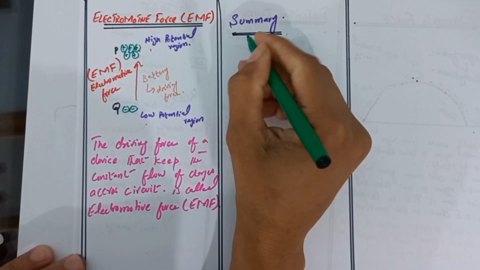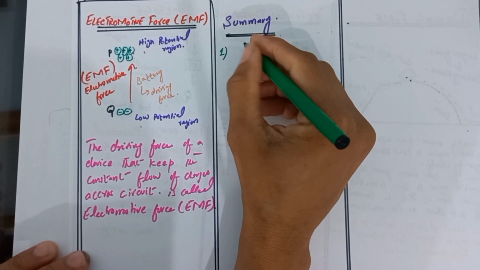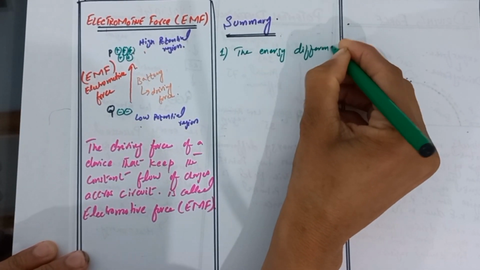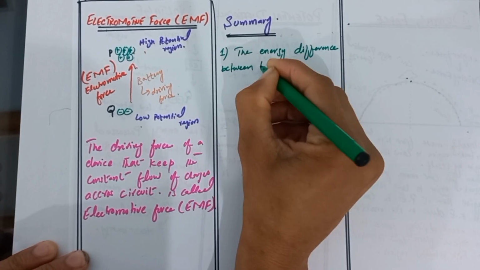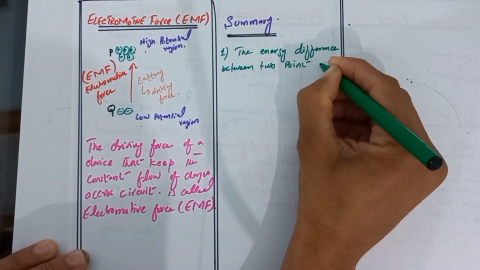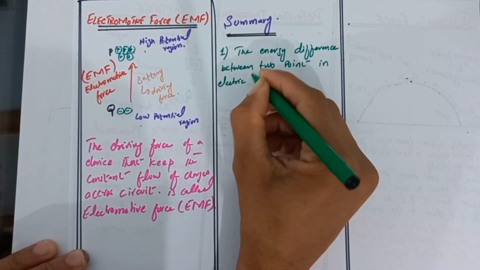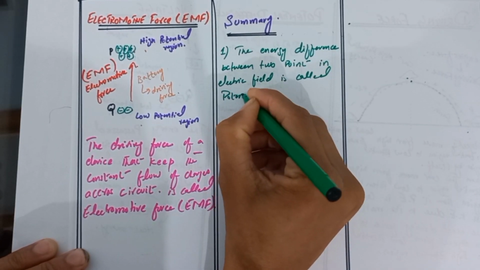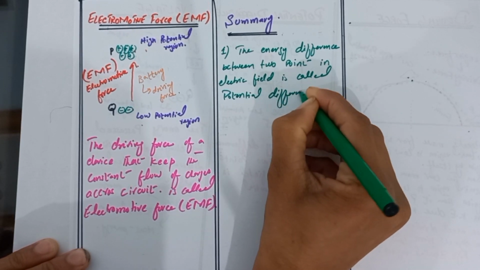Now we summarize the lecture. The first point that we learned is that the energy difference between 2 points in an electric field is called potential difference.